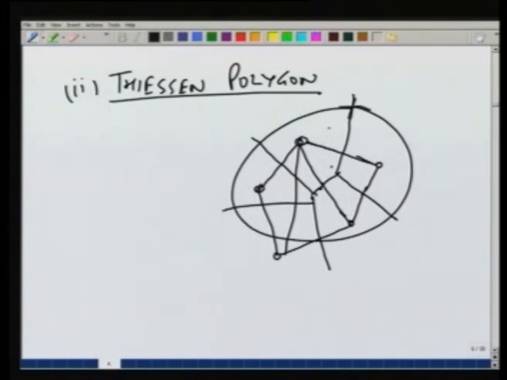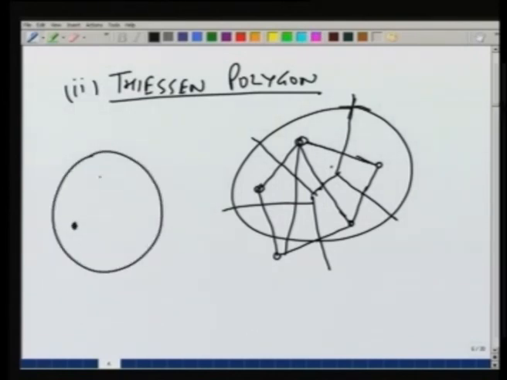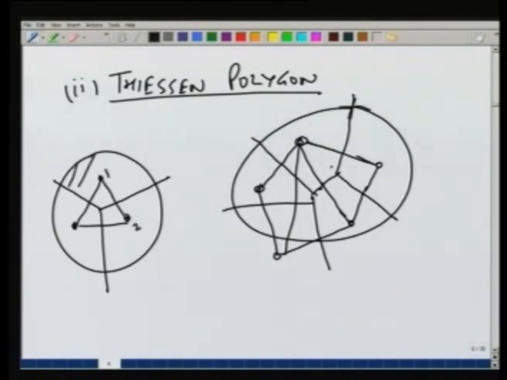For example, if we take the example of just 3 gauges, we can explain it. So, if there is a triangular network and we have these perpendicular bisectors, then this entire area, let us call this rain gauge 1, 2 and 3, is closest to rain gauge 1 compared to the other 2 gauges.